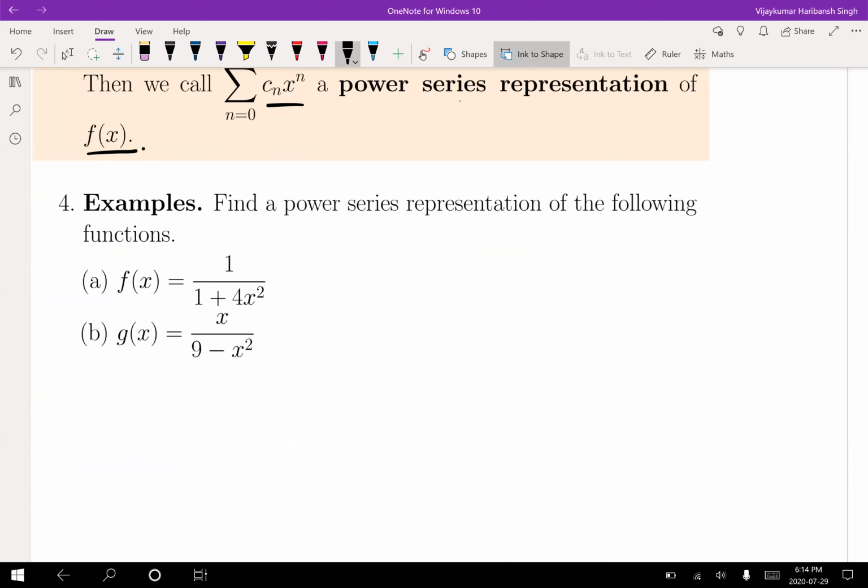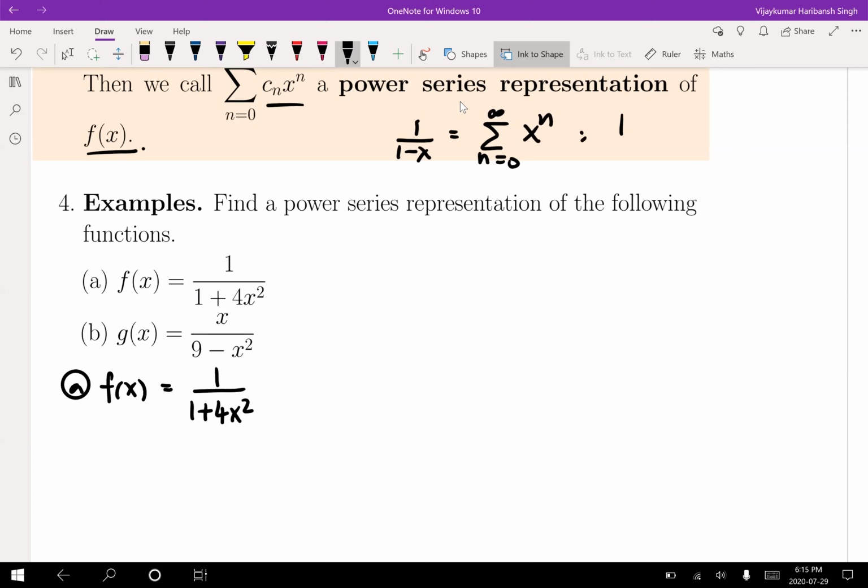So here we have f of x equals 1 upon 1 plus 4x squared. Now I'm going to use that 1 upon 1 minus x is summation n equals 0 to infinity x to the power n. So let me convert it into that form.